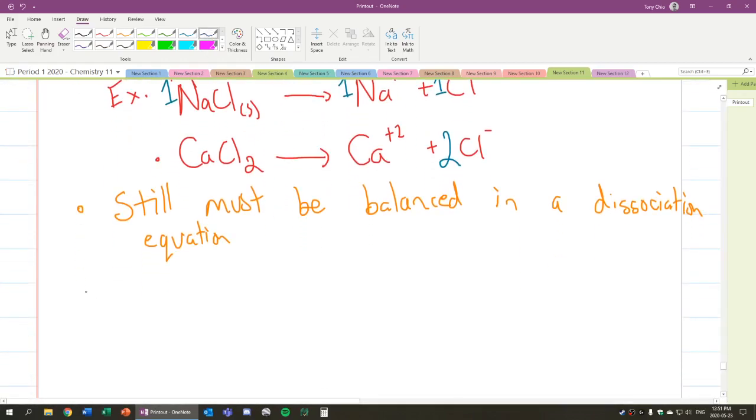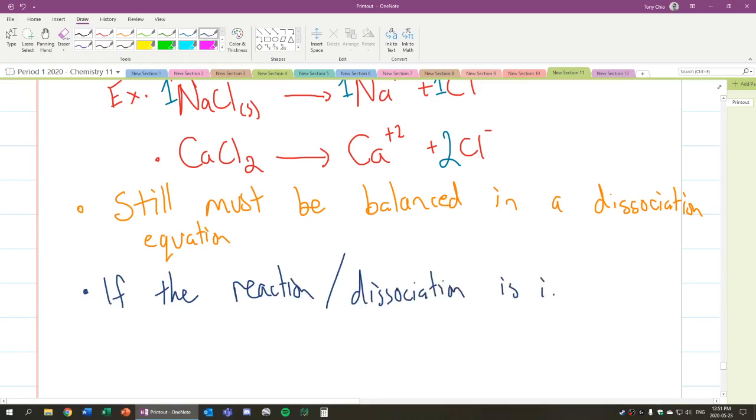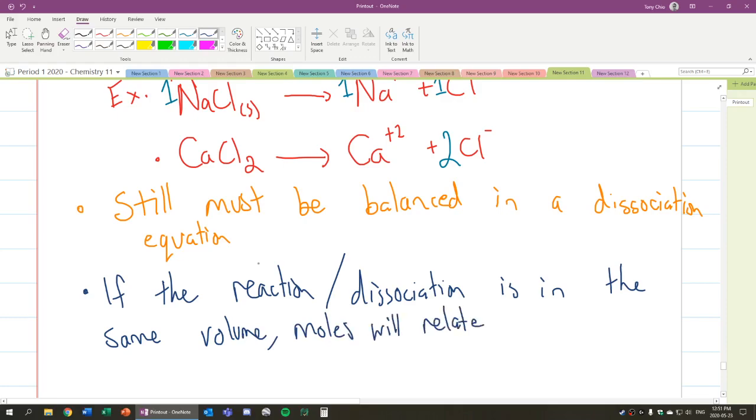So if the dissociation is in the same volume, then their moles will relate. And if their moles relate and they're in the same volume, their concentrations relate.